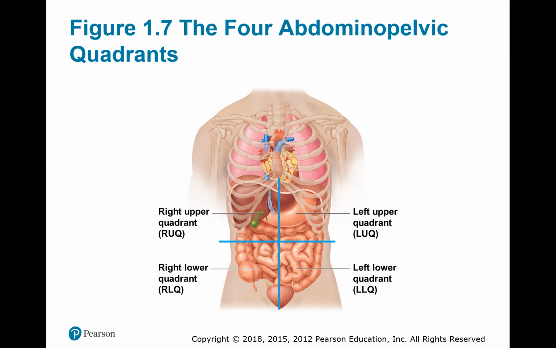The first one that we'll see is the right upper quadrant. And when we go to name these, we say either right or left first, and then we say upper or lower. And like I said, remember when we're looking at the screen, take a moment to actually draw yourself a little line, to tell yourself this is the right and this is the left, because it's not your right and your left, it's who you're observing.